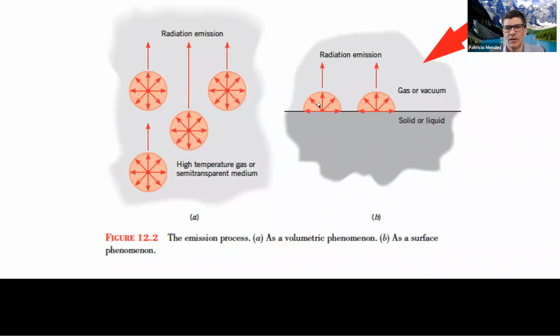So radiation is going to be coming out of surfaces between a condensed matter, whether it's solid or liquid, and going through a transparent medium. Can be vacuum or can be, say, typically gases. We have said they are transparent, and we're going to look into more details about that.